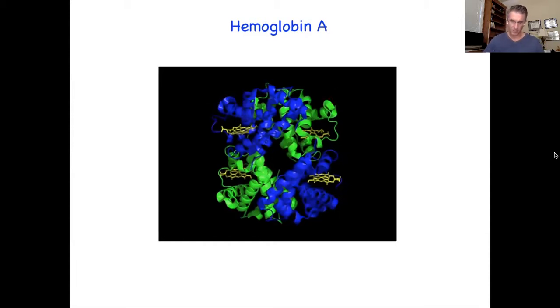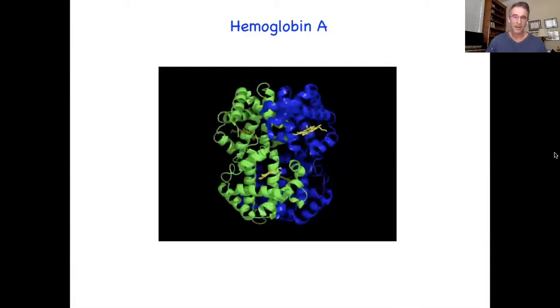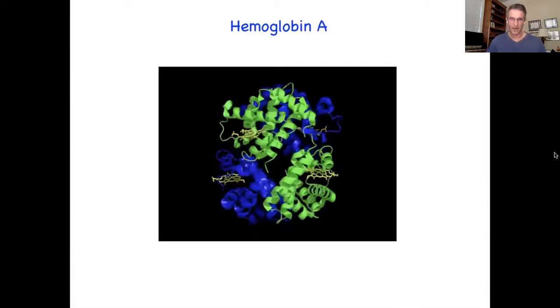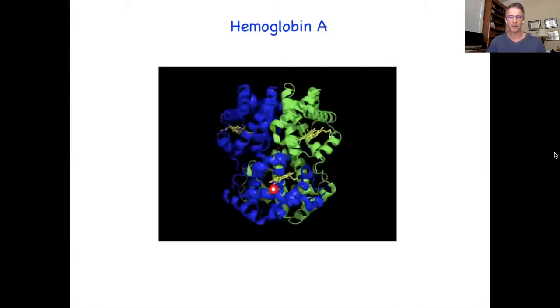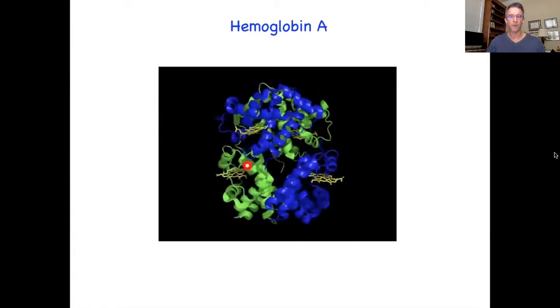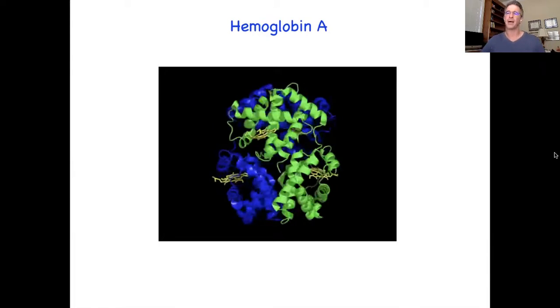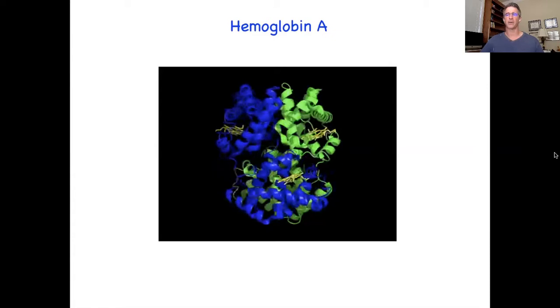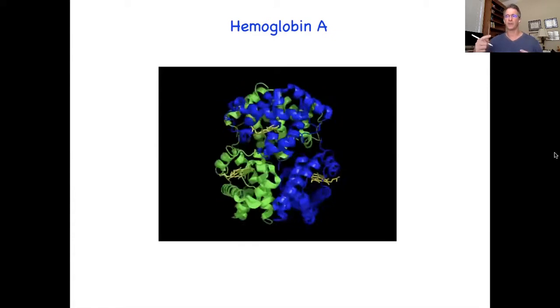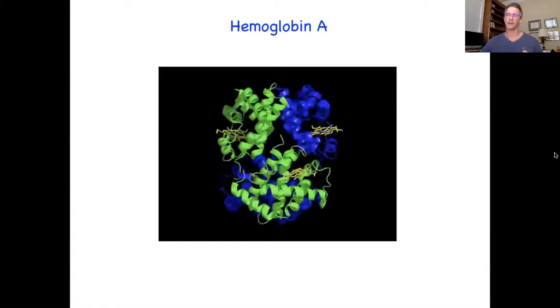And so what you see in the hemoglobin heterotetramer is that each of these monomers has an associated porphyrin, right? So we've got 4 binding sites that work basically the same way as that myoglobin binding site I pointed out before. There are 2 histidines. One is directly ligated to the iron in the heme.